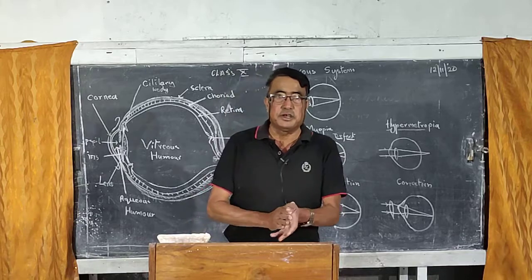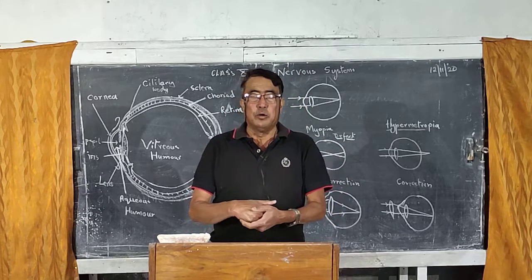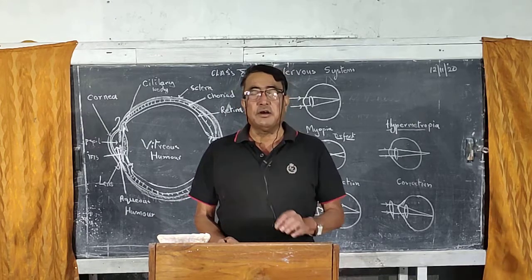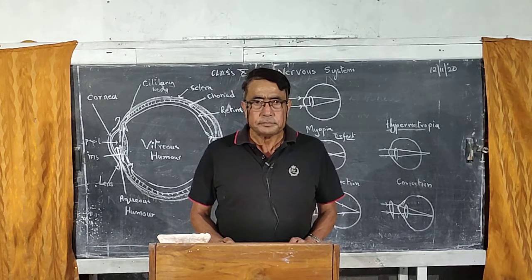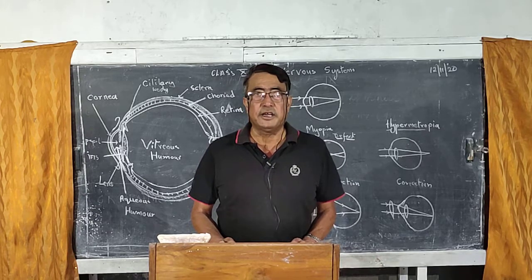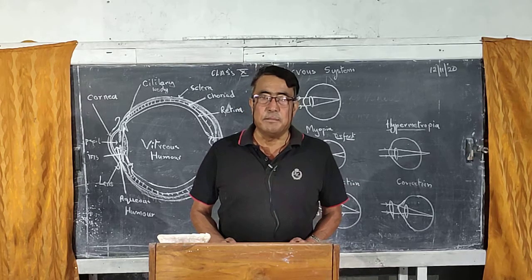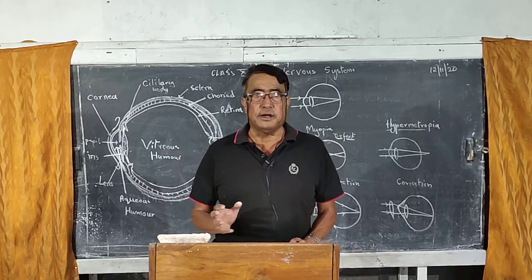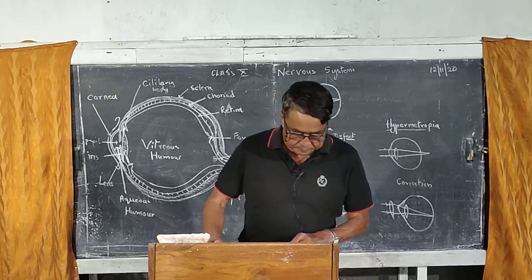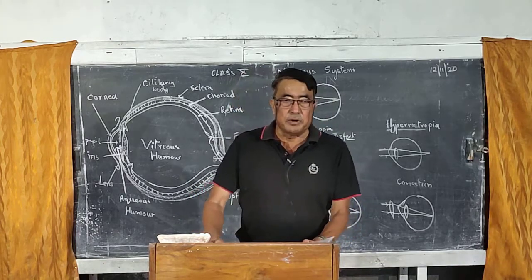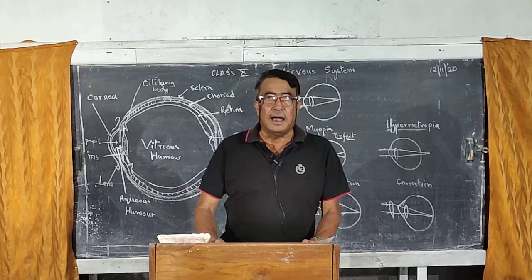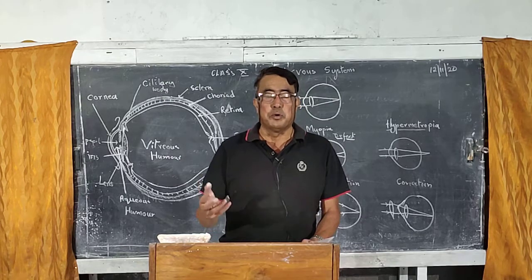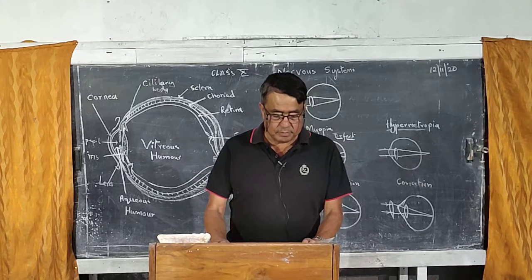Now the structure of an eye. The eye is located in the front of the head in a socket or orbit. This eye is attached to 6 sets of muscles, contraction of which helps the eye to rotate in different directions. The eye is provided with upper and lower eyelids, which give protection to the exposed portion of the eyeball.